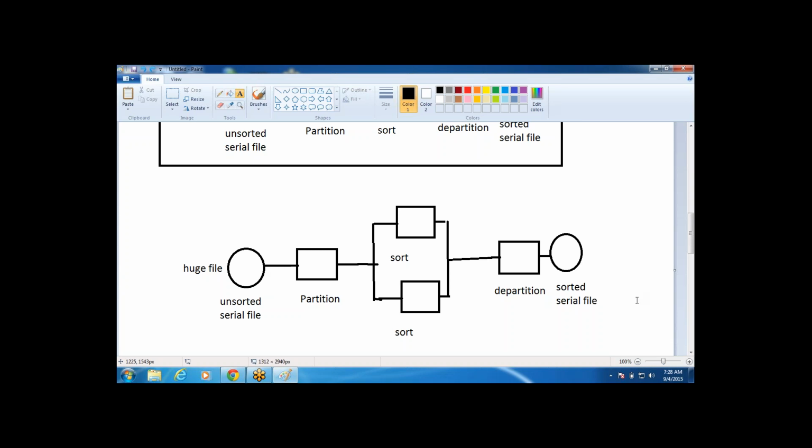So it will sort the partitions individually, right? The data in the serial file is like 1, 2, 3, 4, 5, 6. In partition 0 you are taking 1, 3, 5, and in partition 1, you are taking 2, 4, 6, right?